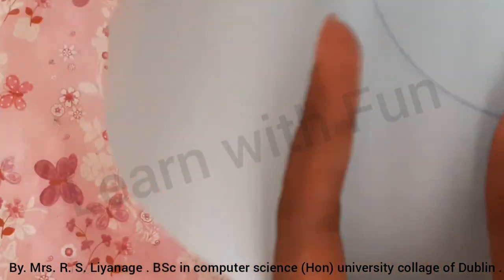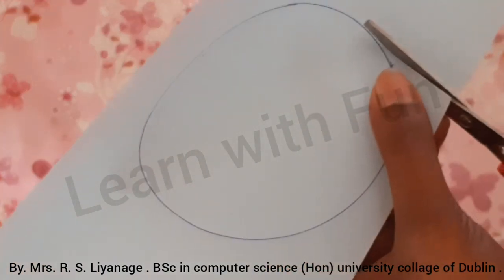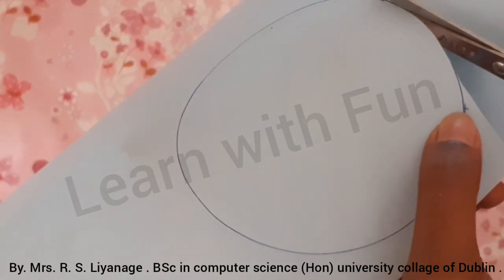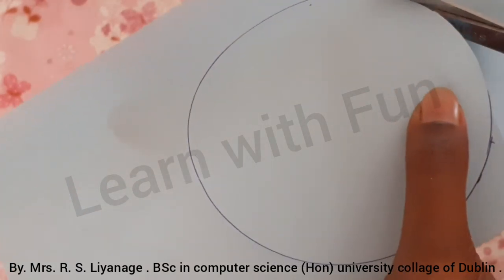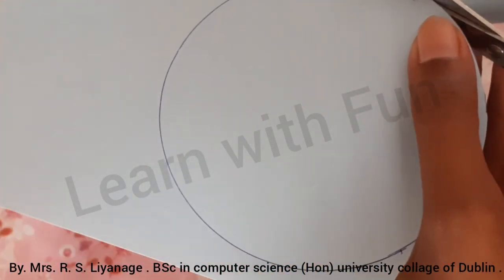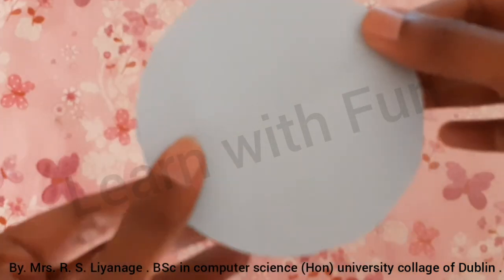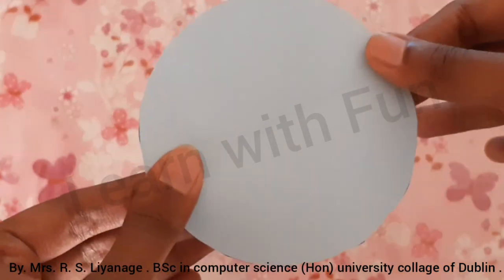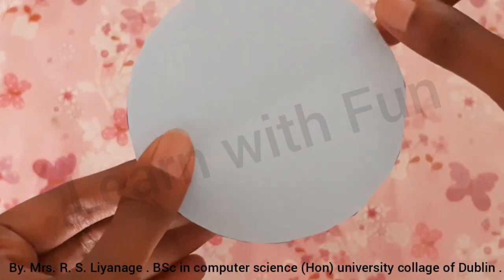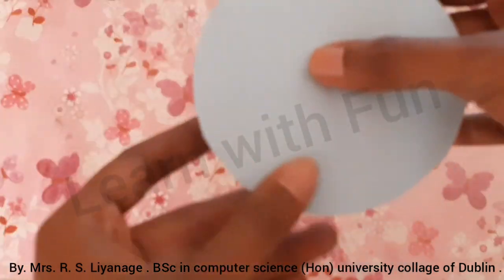Now let's cut along the circle that has been drawn and separate out the circular lamina. Now we have this separate circular part and we call it the circular lamina.